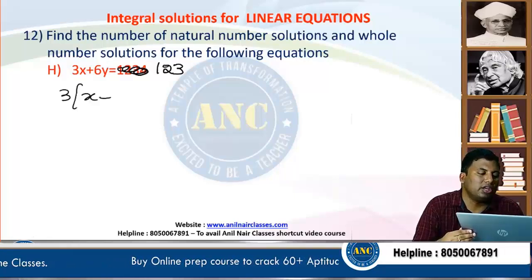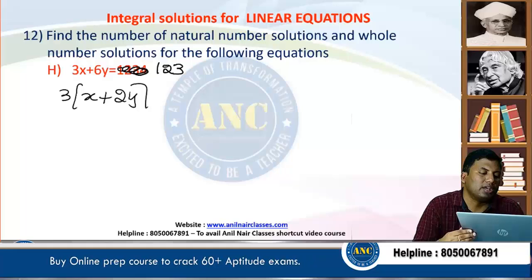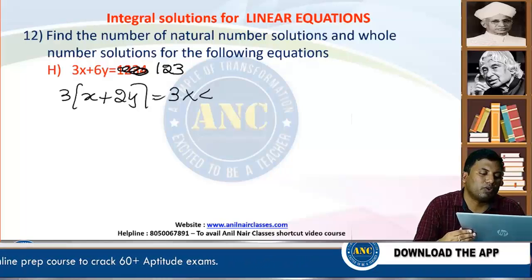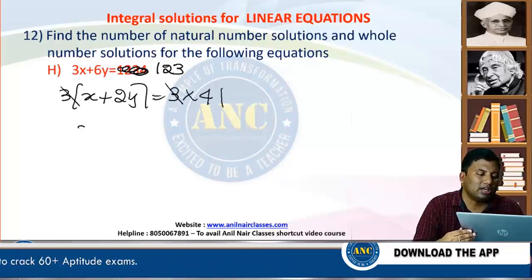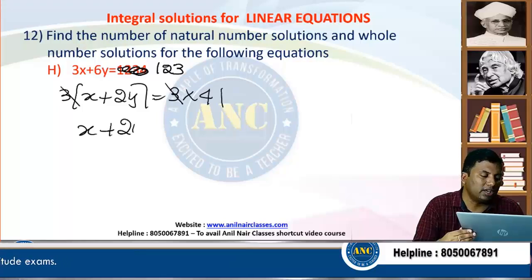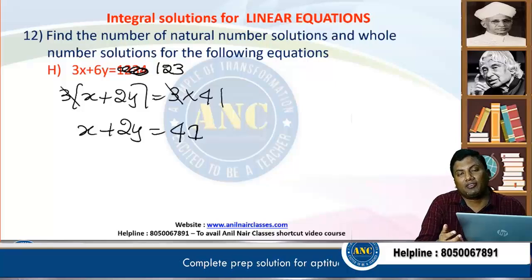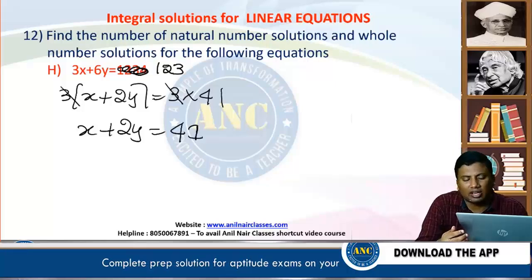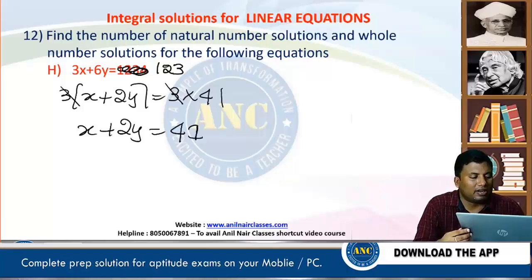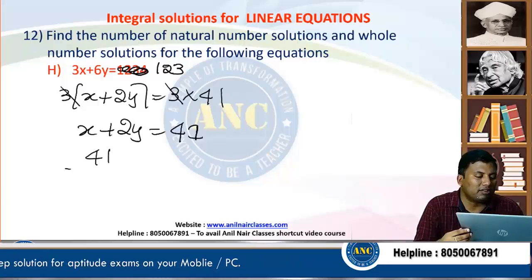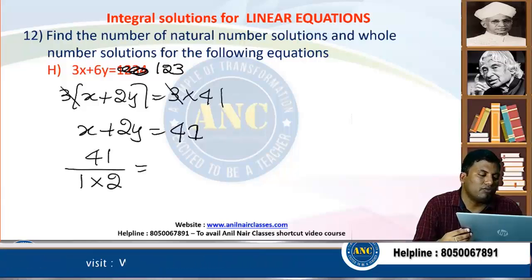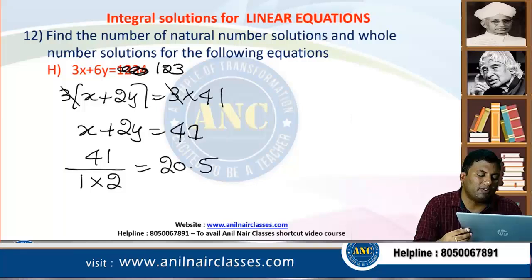Condense it. So 3 into x plus 2y is nothing but 3 into 41. 3 cancels. x plus 2y is nothing but 41. 1 is a factor of 41. 2 is not a factor of 41. So one of them is a factor. 41 by 1 into 2 is nothing but 20.5.